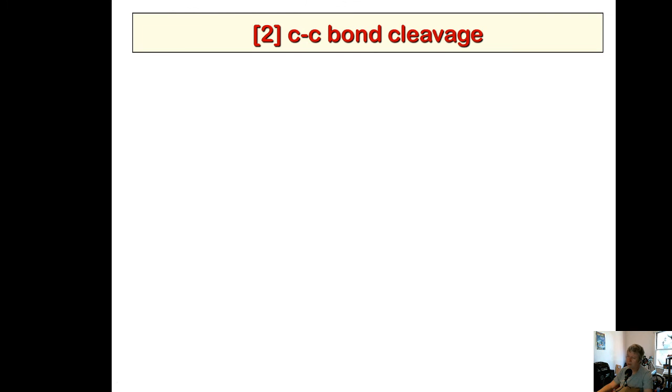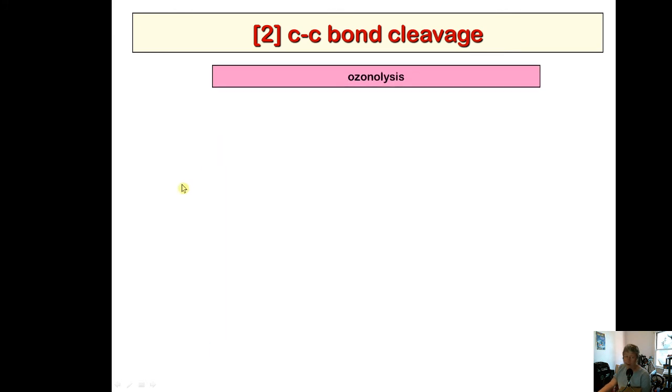Okay, C-C bond cleavage. You don't know that many ways to cleave carbon bonds. Maybe the first one you learned was actually from organic 1, and then we talked about it again in organic 2. Ozonolysis, which cleaves alkenes, right?